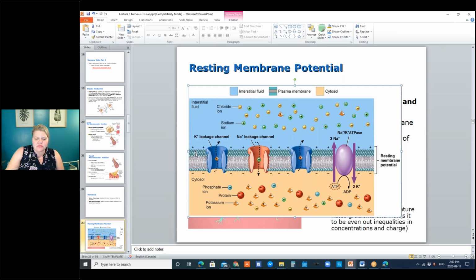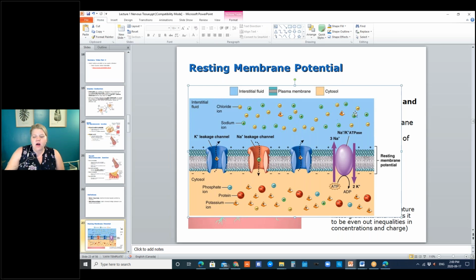So here we have a plasma membrane. You can see the phospholipid bilayer of all cell membranes. And all cell membranes have integral membrane proteins interjected in them. They are typically channels to transport ions across the plasma membrane.